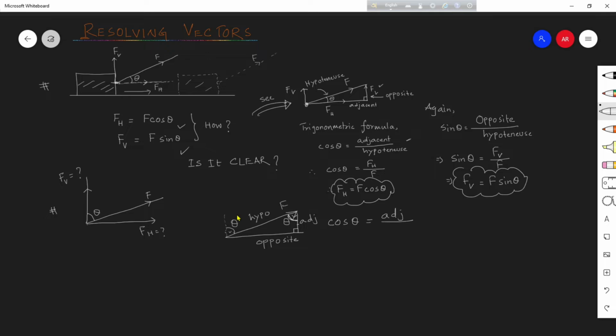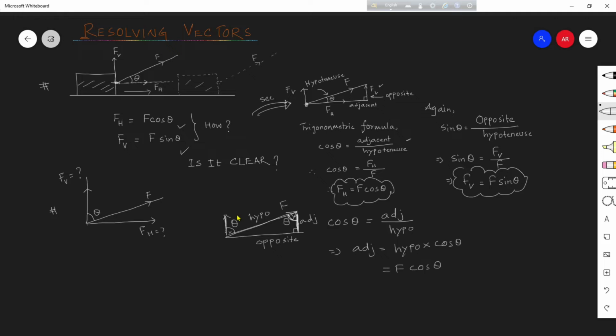Just have a look. Cos theta equals adjacent divided by hypotenuse, this F. With adjacent as the subject, it is hypotenuse times cos theta, and this hypotenuse represents the force F. It is F cos theta.